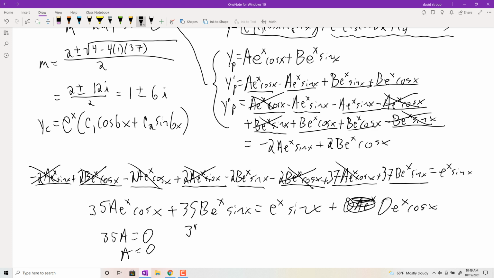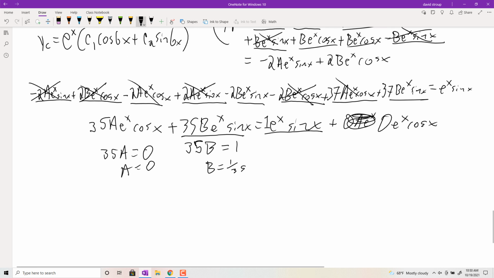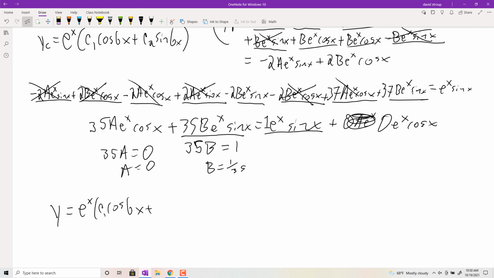And then you have 35B e to the x sine x equals the coefficient on the e to the x sine x on the right. So 35B equals 1, so B equals 1/35. And then you could write up your solution, right? So your solution is a complementary solution, e to the x times c1 cosine 6x plus c2 sine 6x plus 1/35.